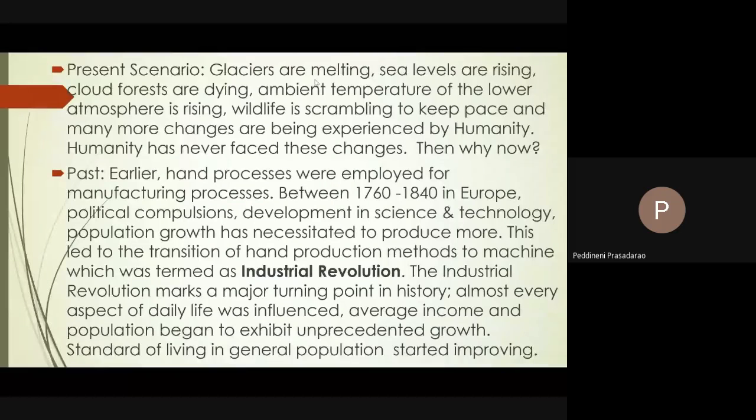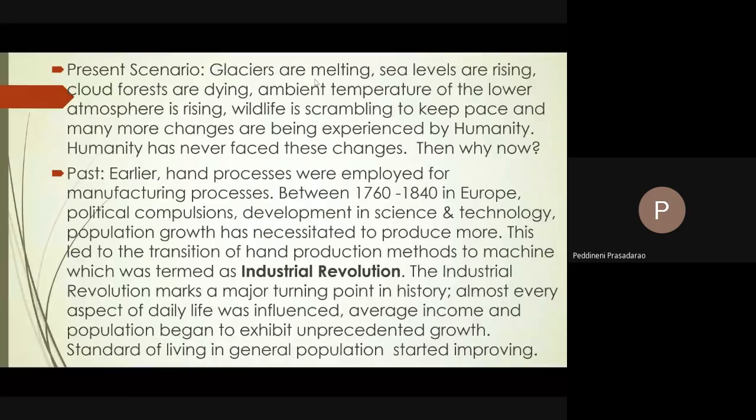If you look into the past, most of the time man, the human, was the source of energy. So we were employing hand processes for making many products, for manufacturing. Earlier, most of the time it was humanity which used its energy, and hand processes were employed for manufacturing.